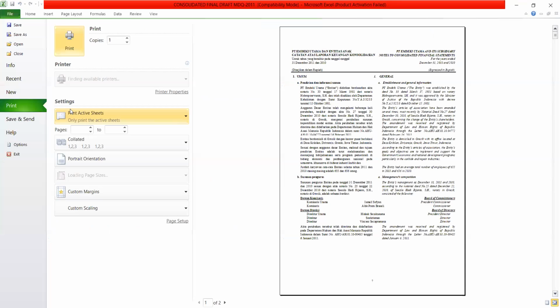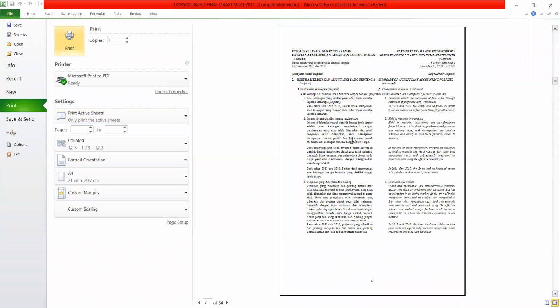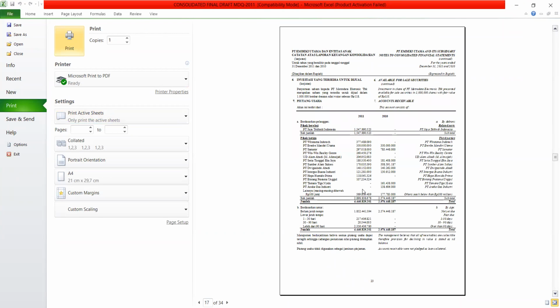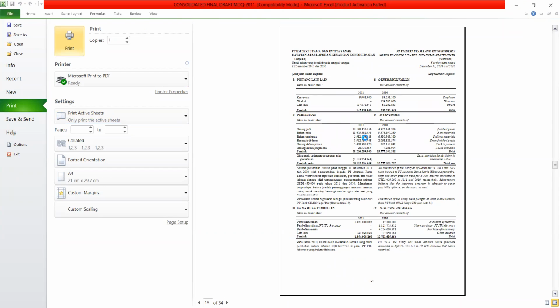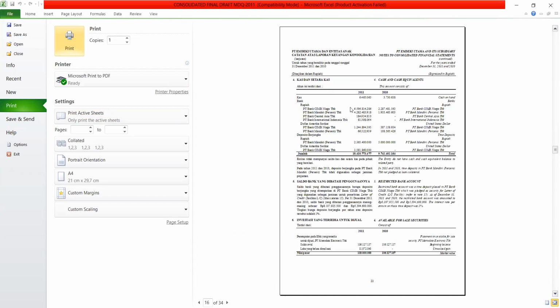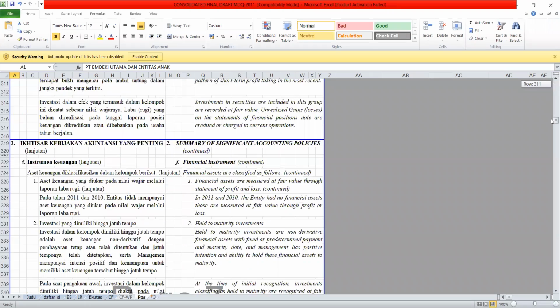All of this comes from the notes. As you can see, the majority of the financial statement is from the notes. There are 34 pages.